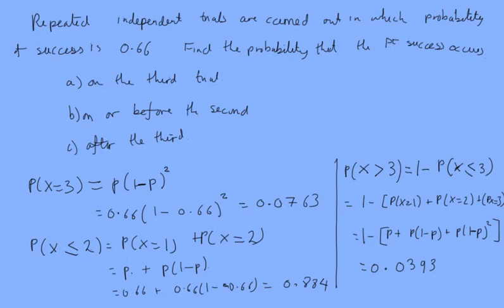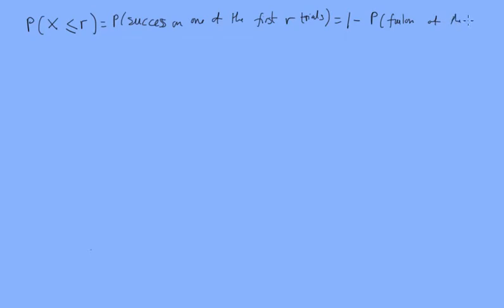So what we can see is the probability that X is less than or equal to r equals the probability of success on one of the first r trials, which is 1 minus the probability of a failure on the first r trials.